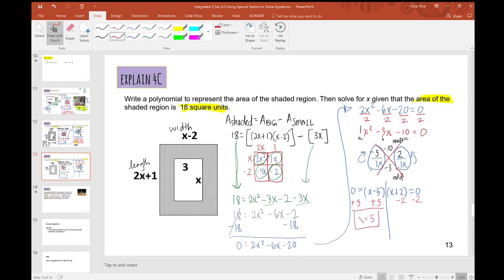Subtract 2 to both sides, x equals -2. Based off of what I've told you before, the length of a rectangle can never be negative. So go ahead and cross out the -2 because our answer is 5. So the solution is x equals 5.